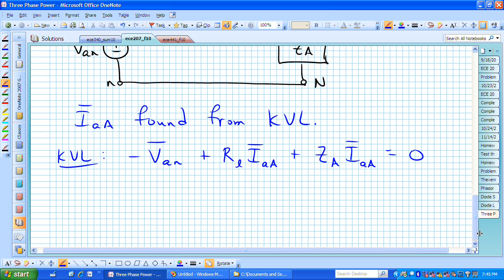The only unknown in that equation is I sub AA. Solving for I sub AA, we have that I sub AA is equal to V sub AN over R sub L plus Z sub A.